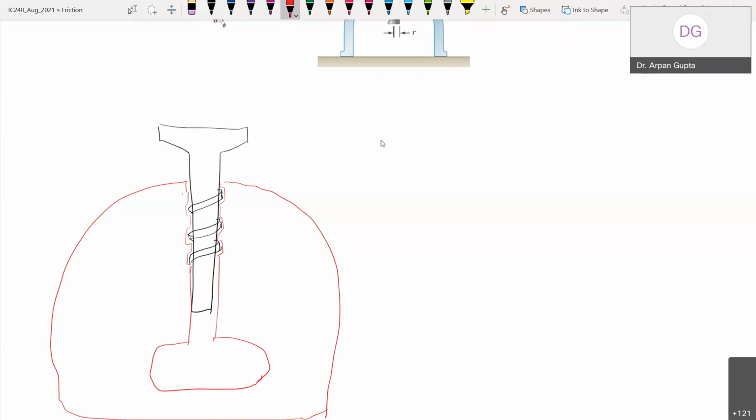Okay, let us say this is a schematic diagram of the thing that we are analyzing.